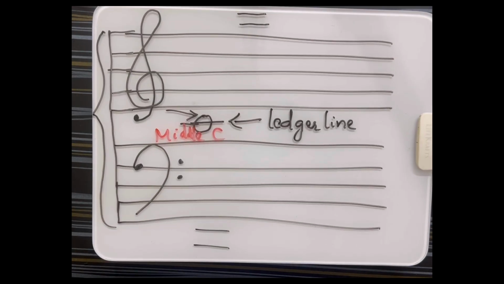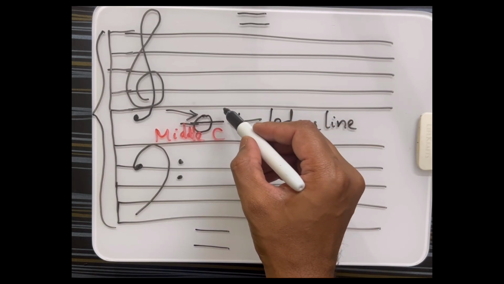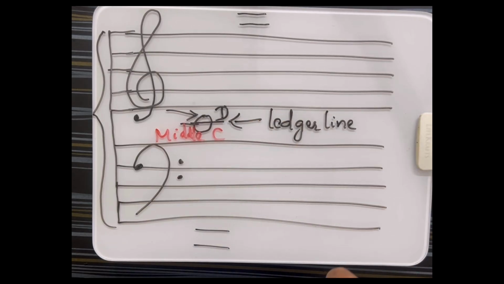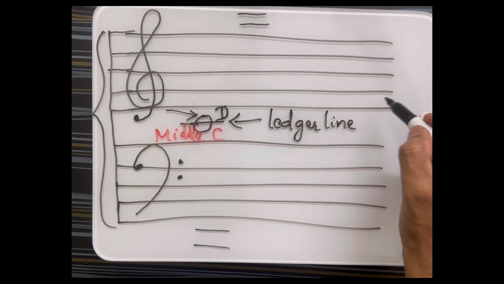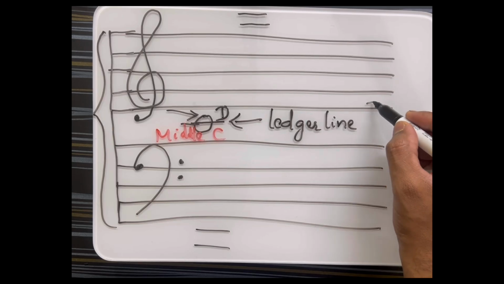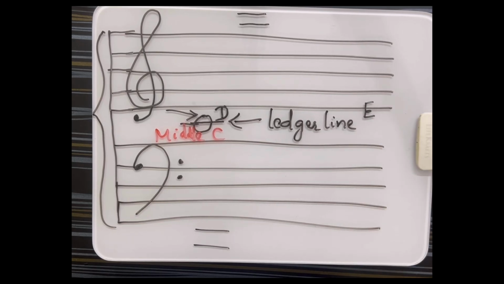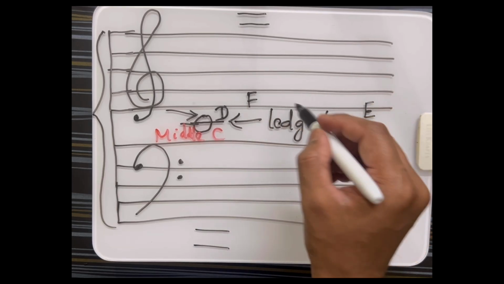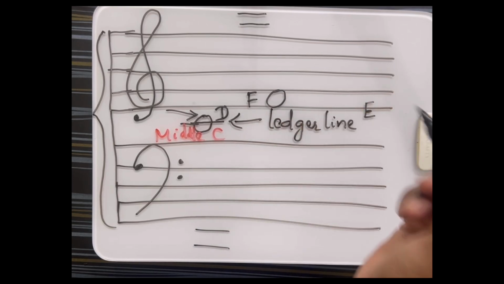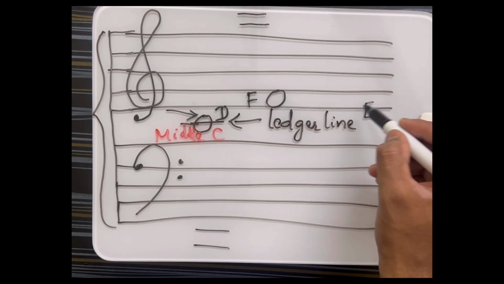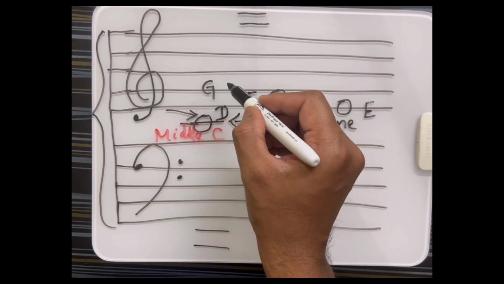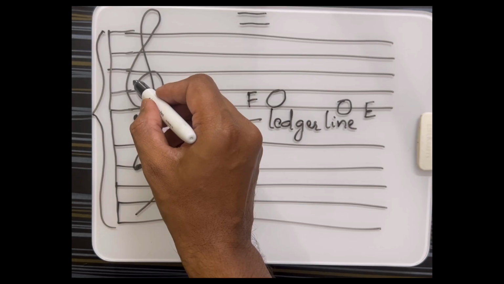Now let's see how the notes form from there. After C, the next note is always D. When any note comes on this line, it is called E. If a note comes on this space, it is called F. And any note that comes on this line is G. Therefore, as I mentioned before, the treble clef is also called G-Clef.